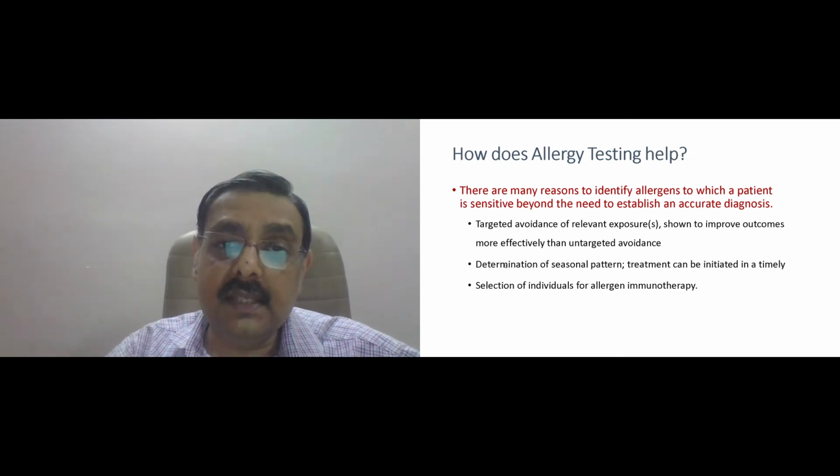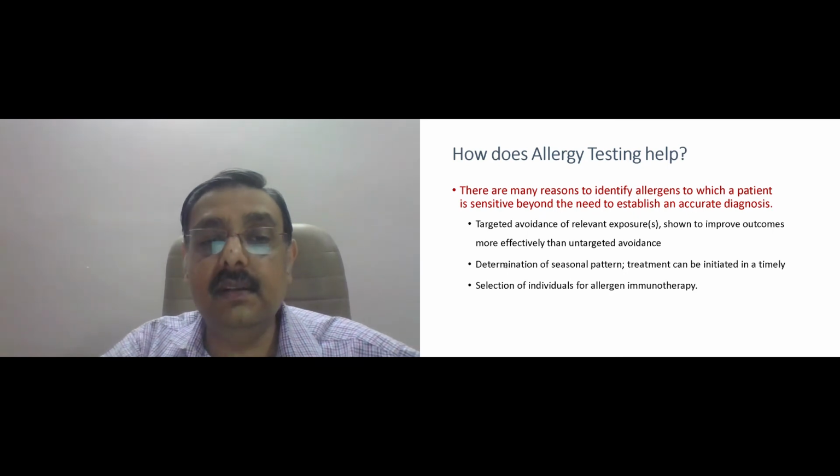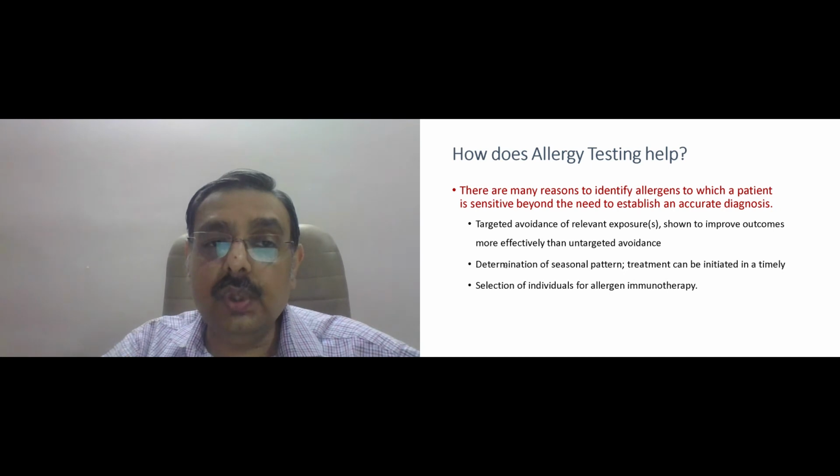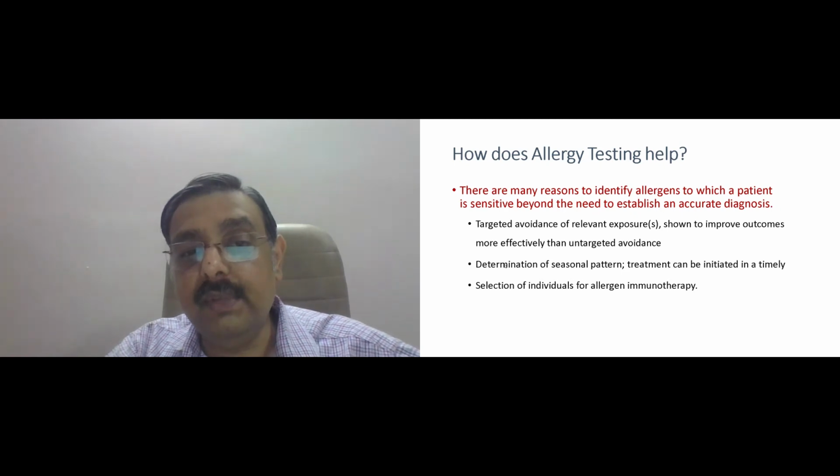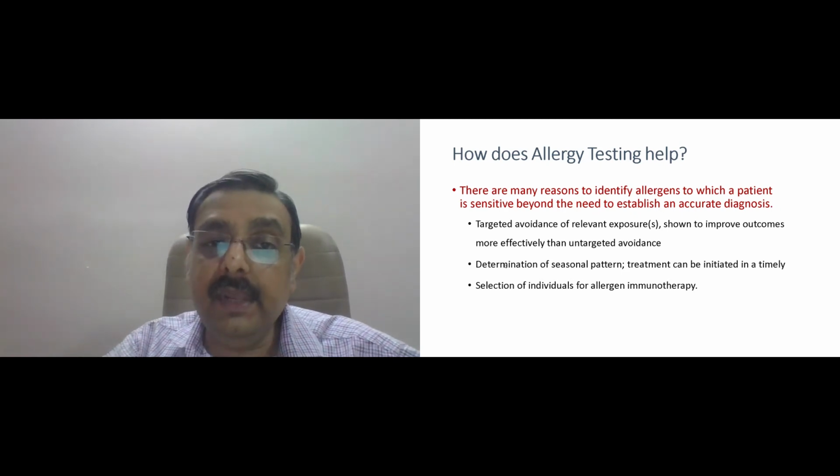Now again, the same question creeps up: I have already established that this child has asthma, I have done a lung function, then what's the fun of knowing what allergen is implicated, because finally the treatment is the same? Well, there are many reasons why, and let's understand.